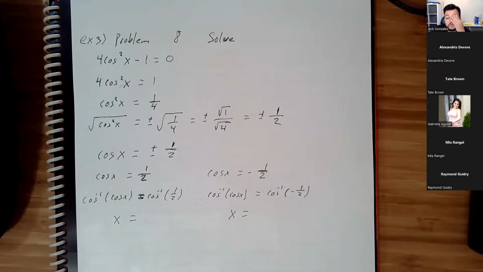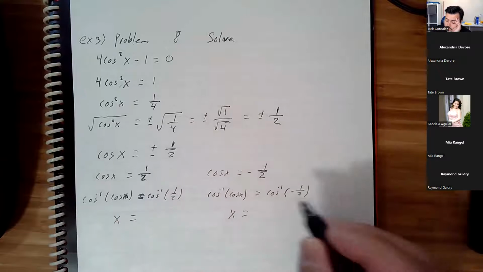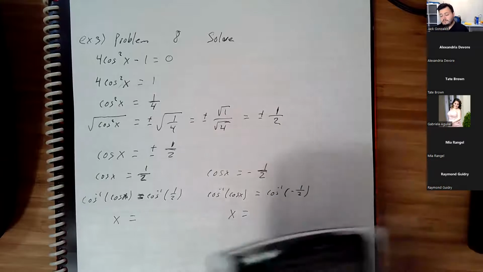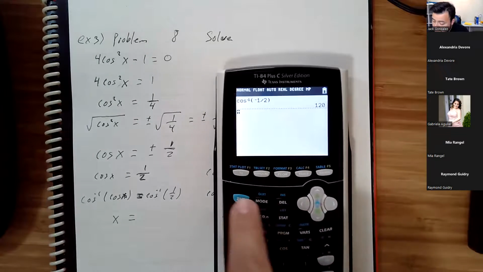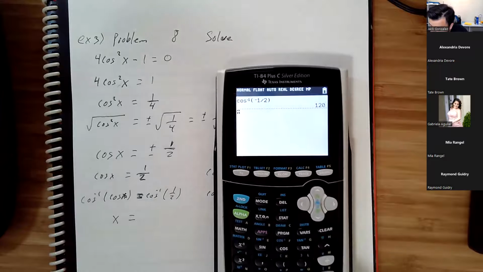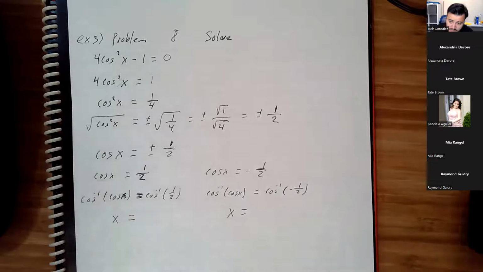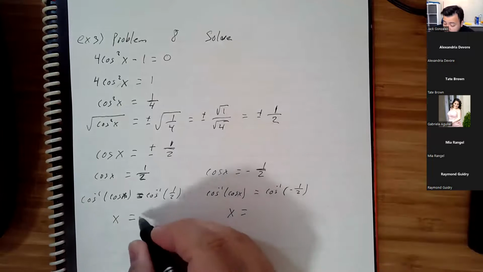Right, cosines cancel, leaving you with whatever argument you have here. You use your calculator if you like. We did the negative half earlier, so cool. It's right there. 60. Technically, we should already know that, but who cares? So 60 degrees.